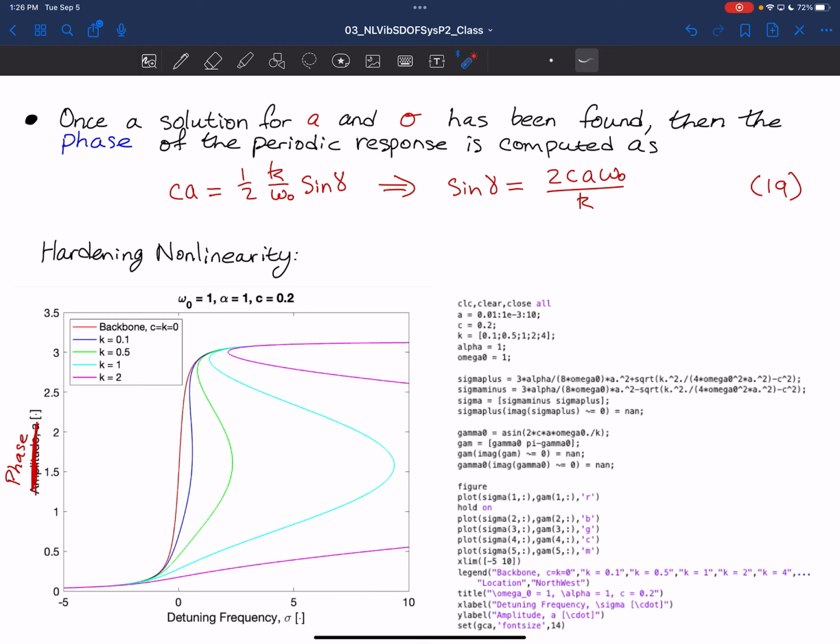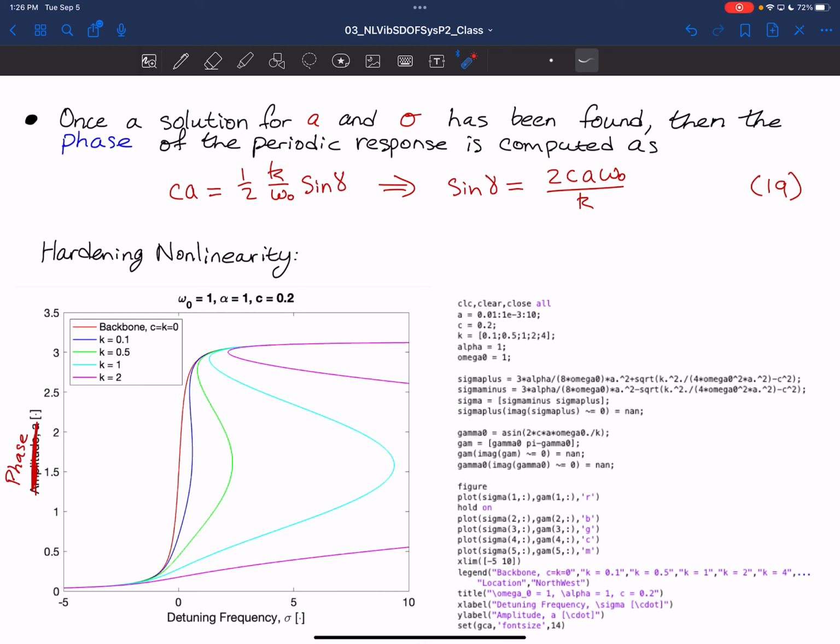And what did we say gamma was? Here we solved for the phase gamma.